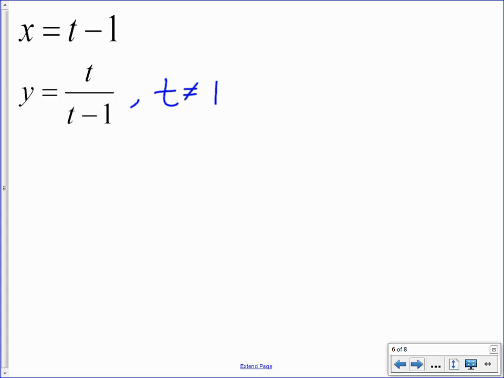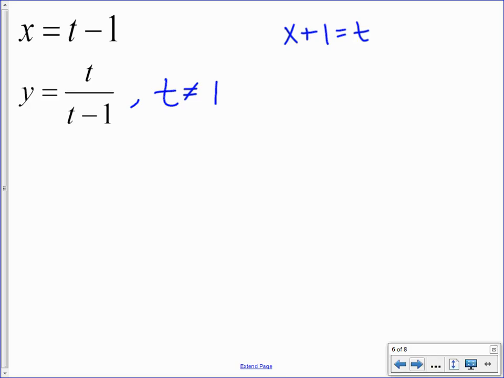Now, let's go ahead and eliminate the parameter and then think about the graph. Okay, so Maggie, if you were to choose one, which equation would you choose to solve for t? Choose x. Is everyone okay with her suggestion? I think this would be one of the cases where you really only have that choice. I don't think you want to try to solve for t in the second one.